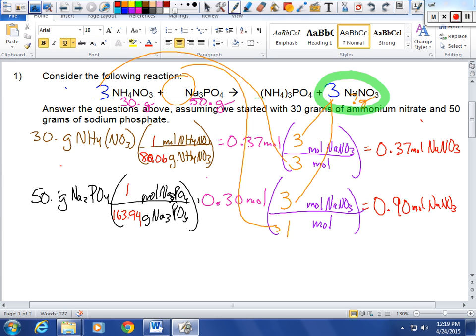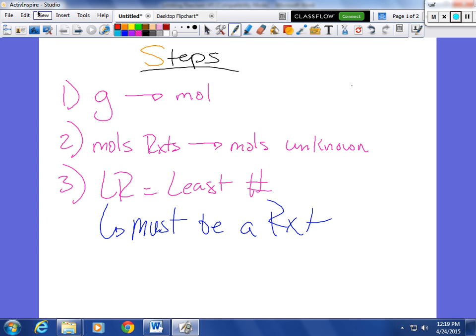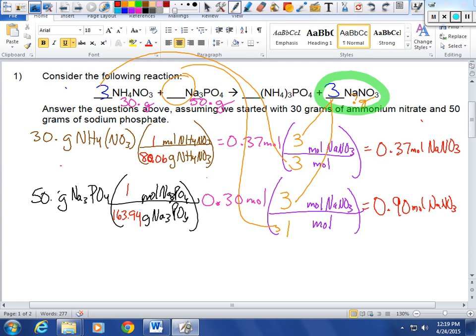The most you can make is the least that is produced. I know that's weird, but if you think about it, I know that 0.37 is the least amount. Well, isn't that going to be the most that I can make? So that tells me right here, and if you go back and look at our last step, the least number is the limiting reactant. But here's the problem every year that I have.